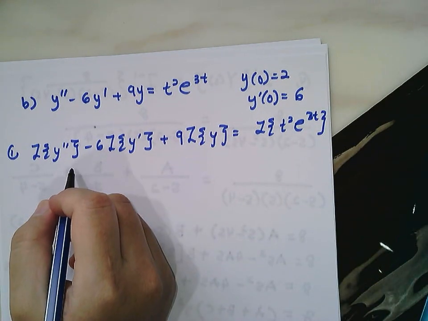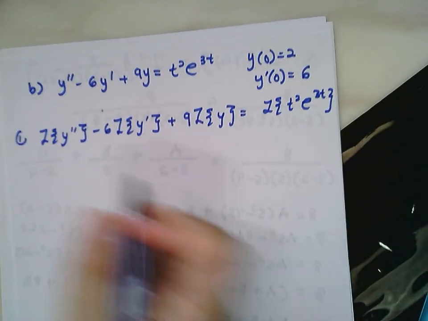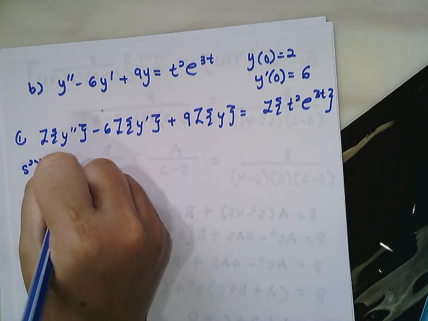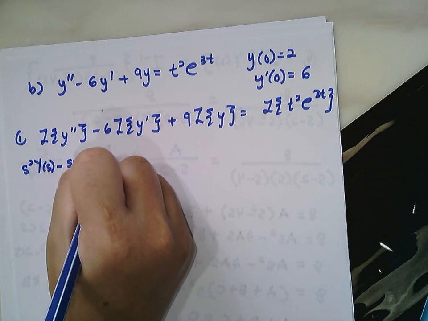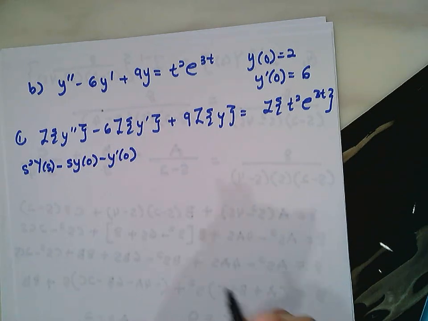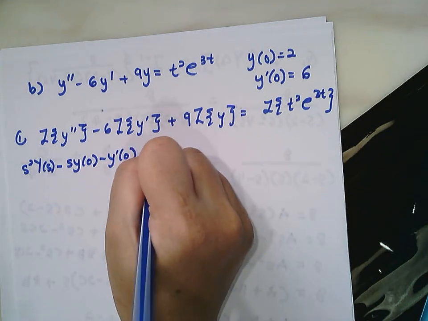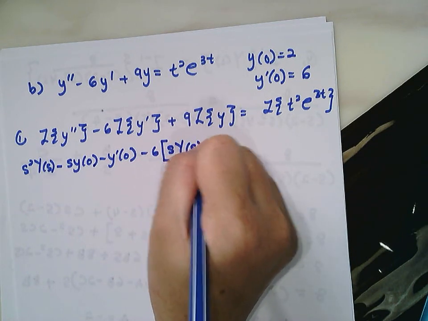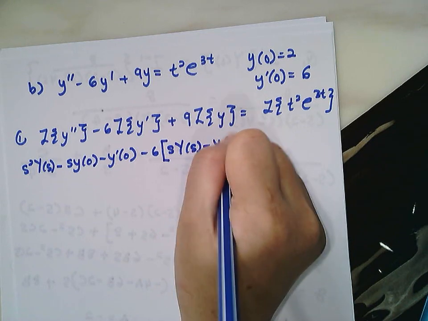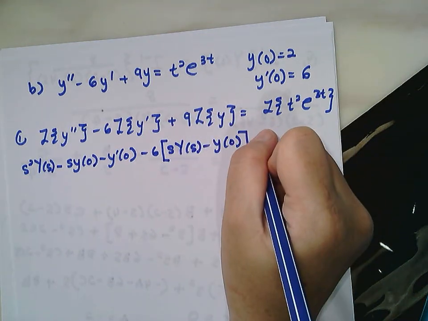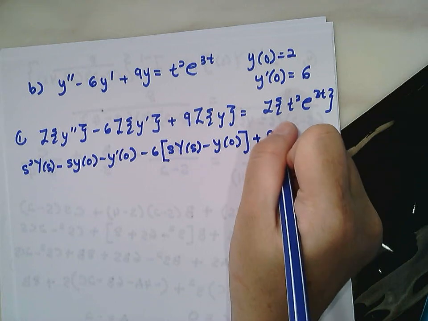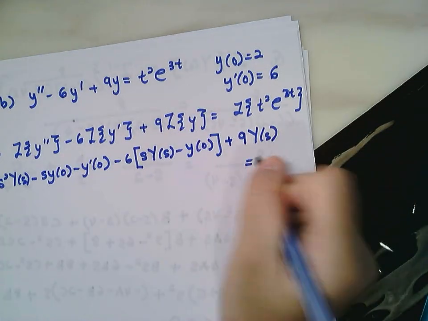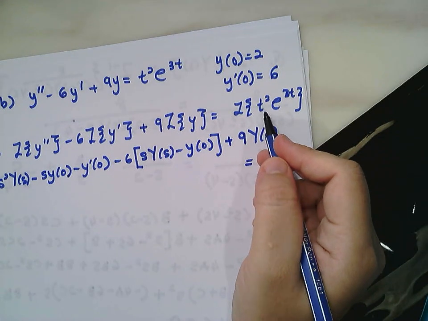So here Laplace of y double prime is equal to s squared Y(s) minus s y(0) minus y prime (0), minus 6 times Laplace of y prime, which is s Y(s) minus y(0), and the last one is plus 9Y(s) is equal to, so take a look at the function on your right hand side here.